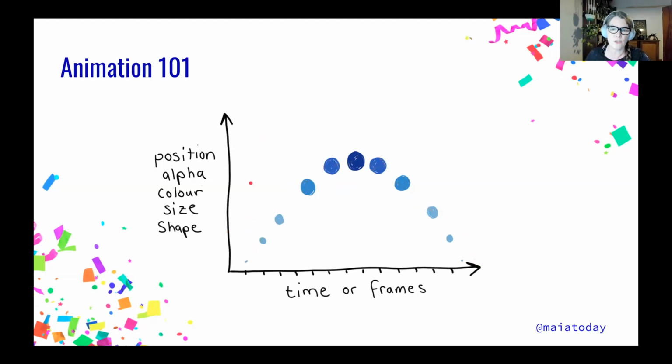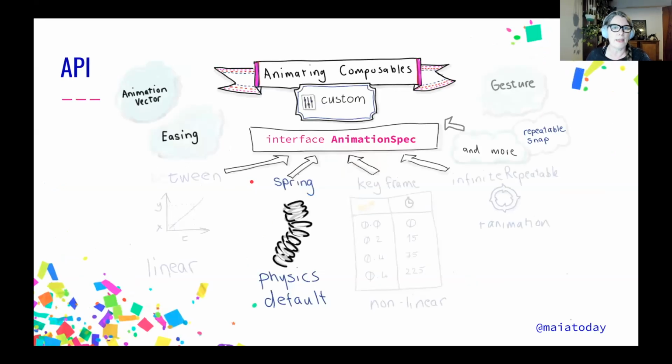The way to do this from the API is there's an interface called Animation Spec, and most of these animations will take an animation spec. In fact, the default animation spec is a spring, and it's based on a mathematical equation, and you can set different spring values to be stiff or not as stiff, or whatever the normal spring values that you can set. That's the default.